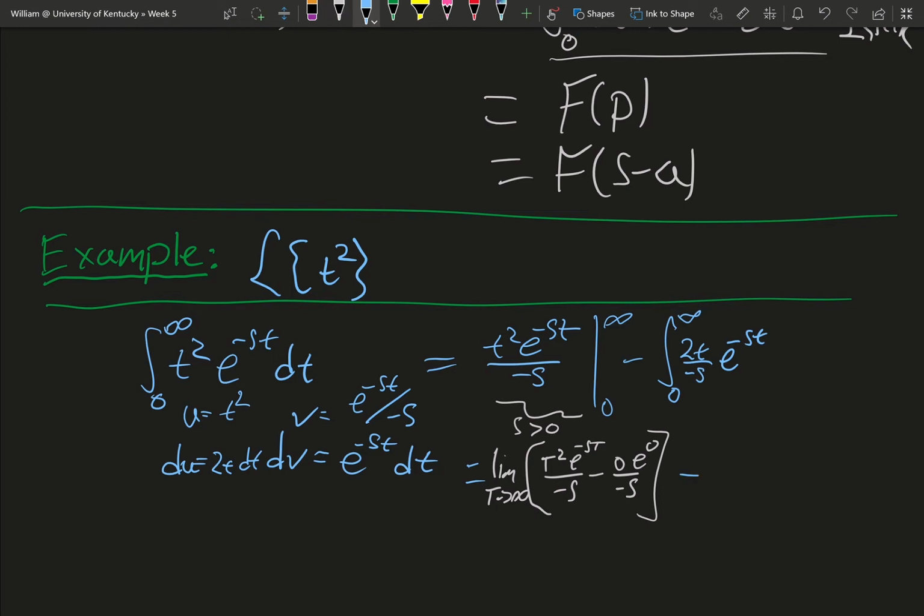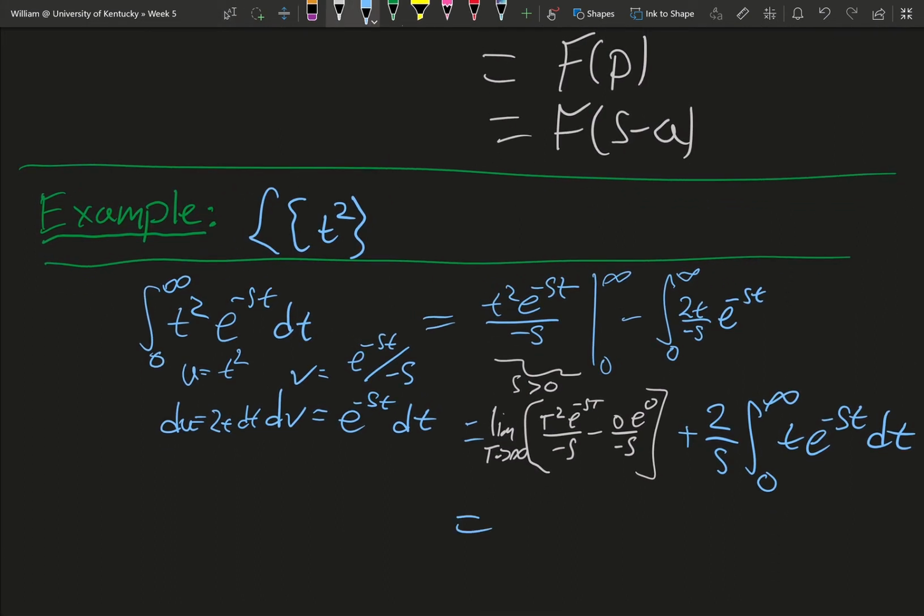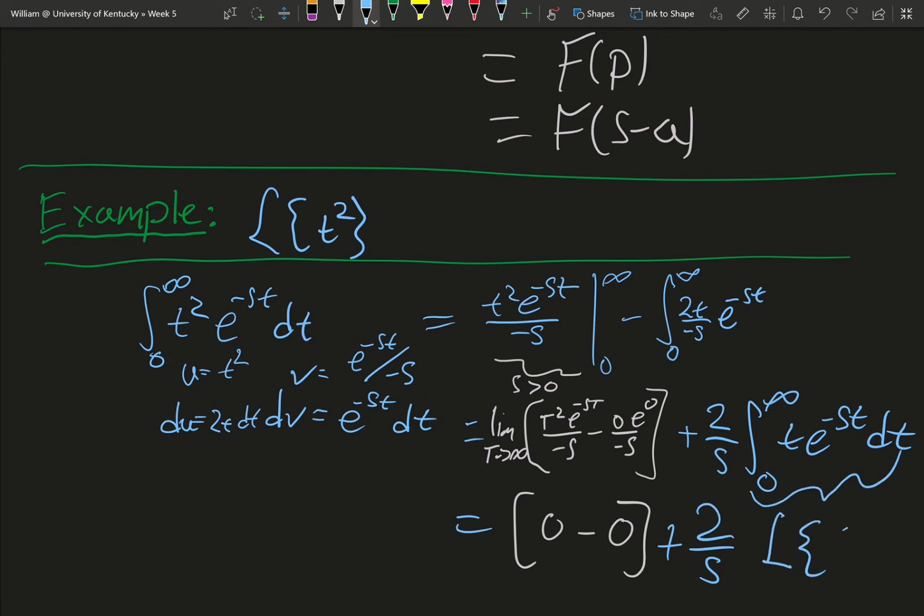Over here, we pull that out, so 2, and then over negative s, I'll just make that a positive. We can see that everything in this limit goes to 0. And now I want you guys to note that this guy is just the Laplace transform of t.